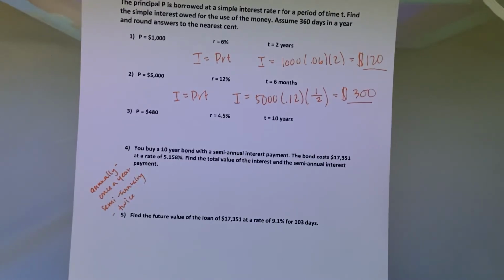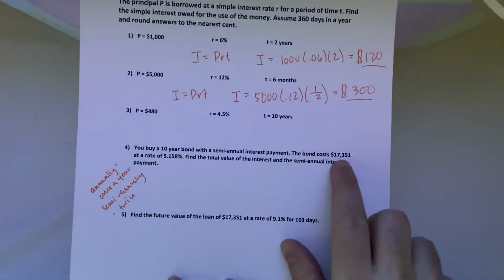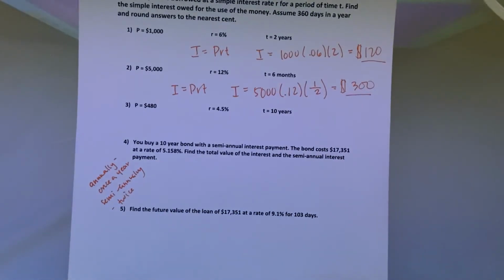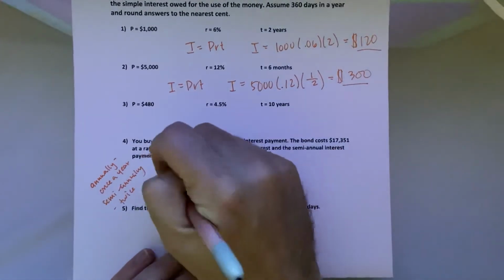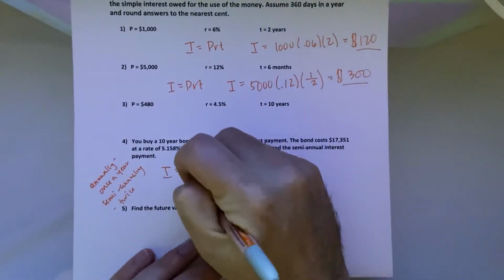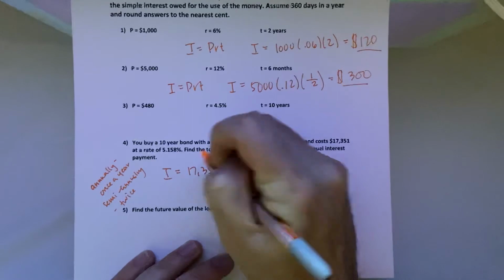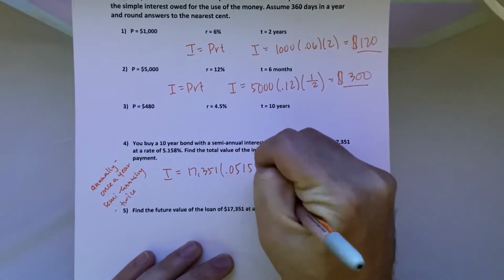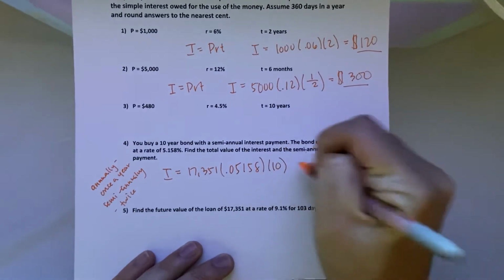So if you want to find the total value of the interest, we can simply look at the 10-year bond and the rate to find the total amount of interest. The total amount of interest is the $17,351 at 5.158%, which is 0.05158, for 10 years.